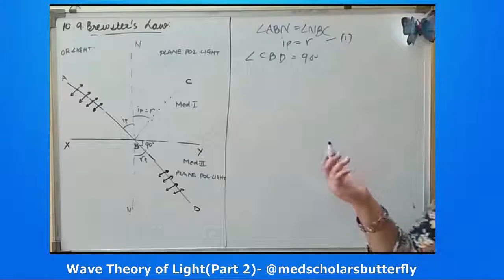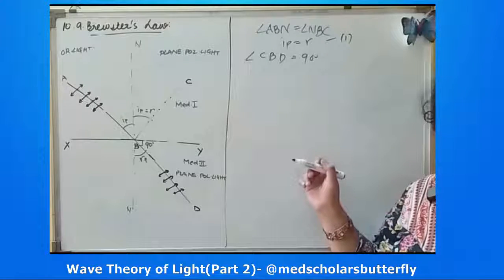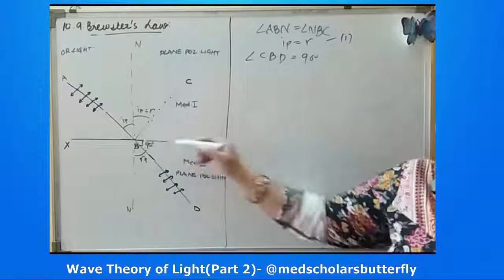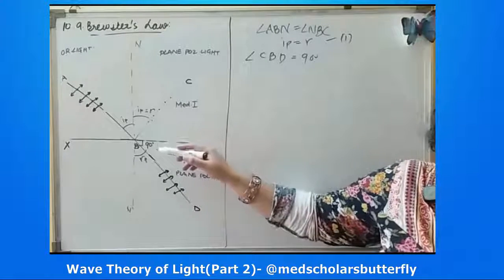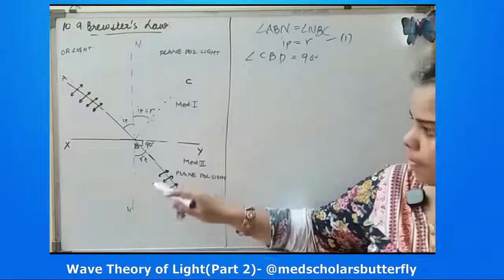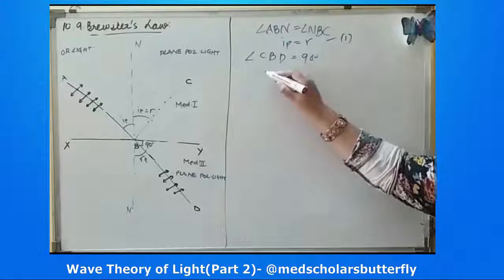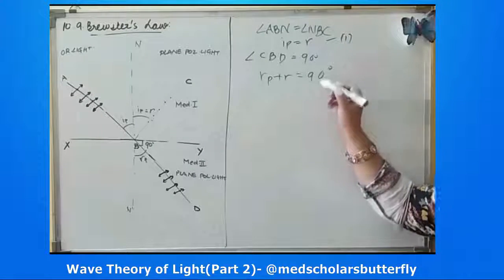It was given at first. Then what is angle CBD comprised of? Angle CBY and angle YBD, that is nothing but RP plus R, which is 90 degrees.